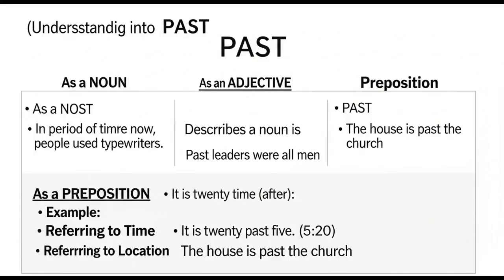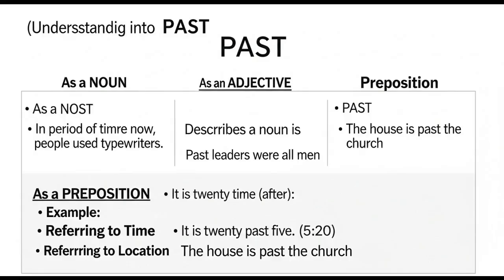Lastly, this is when it gets a little bit confusing. Past as a preposition. I told you to think time, and I still want you to think time. But whereas for the noun and the adjective I was talking about before, when I use past as a preposition, I'm talking about after. So what is an example of this? Well, right now, it's 5:20.